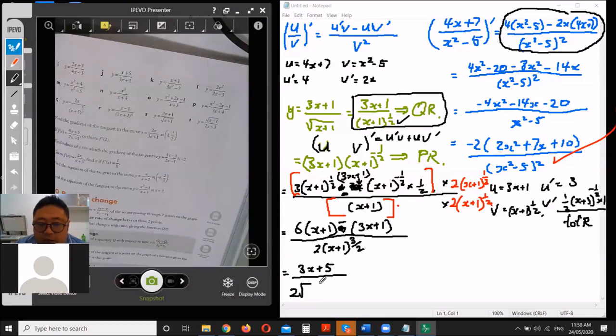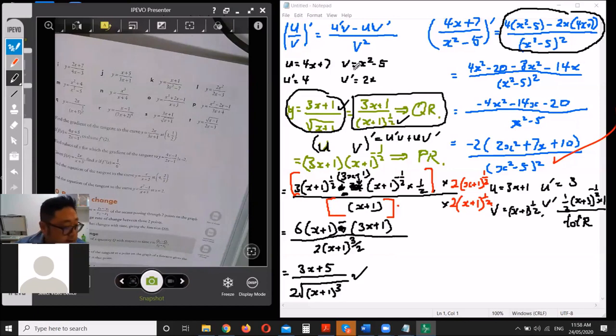And we write it in surd form, so it'll be 2 outside of root x plus 1 to the power of 3. We write it in surd form because the question was given in surd form. So that is the right answer to that.